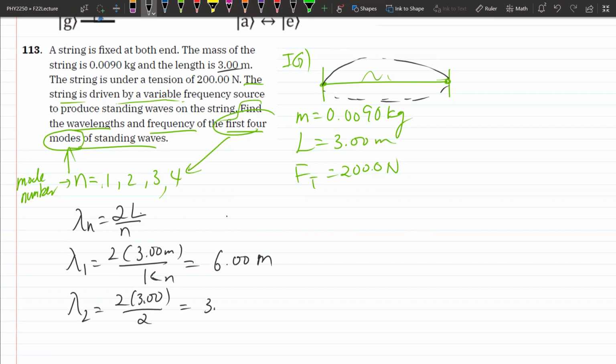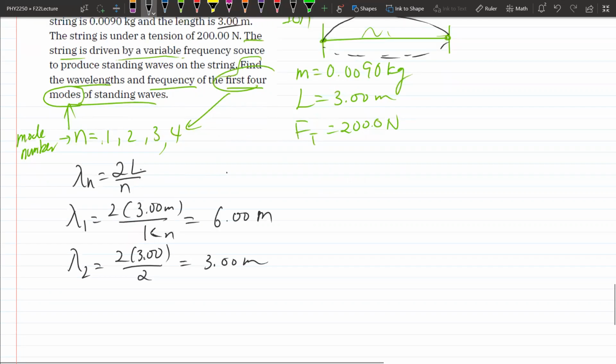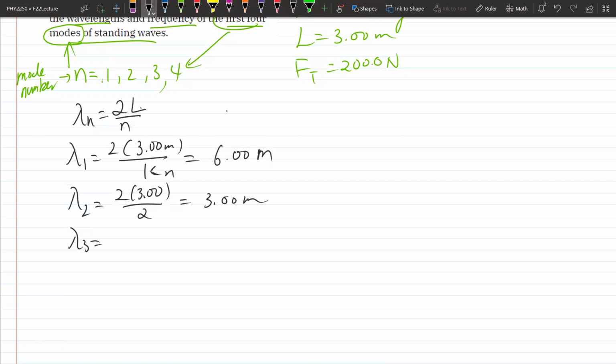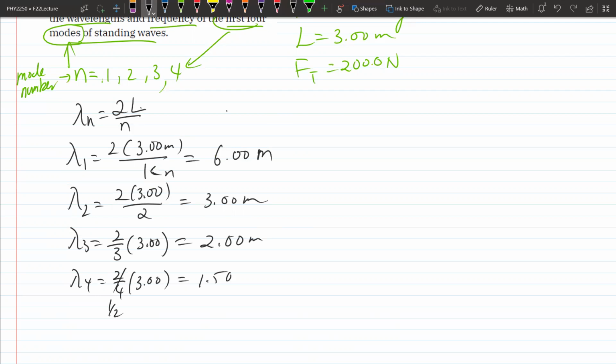So that's equal to 3 meters. Lambda 3 is 2/3 times 3.00 meters, which is equal to 2 meters. Lambda 4 is 2/4 times 3.00, which is basically 1/2, so 1.5 meters.